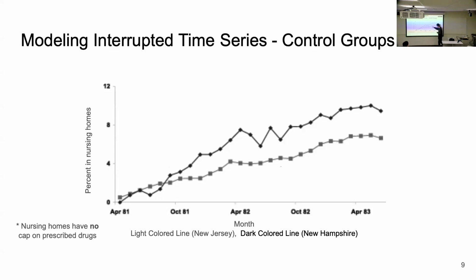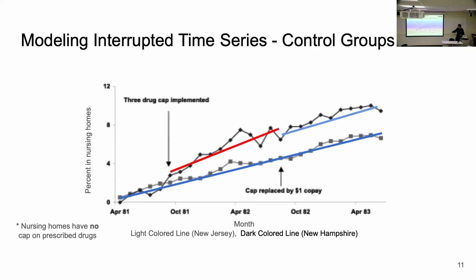But the point of this is, in the real world, you might not know how to model this. You know where the intervention happened, but you don't know how effective the interventions are at the time of it happening. So the other state is introduced here because they don't have a cap and they're used as a control group. If we look at the slope, this is hand drawn for reference only.